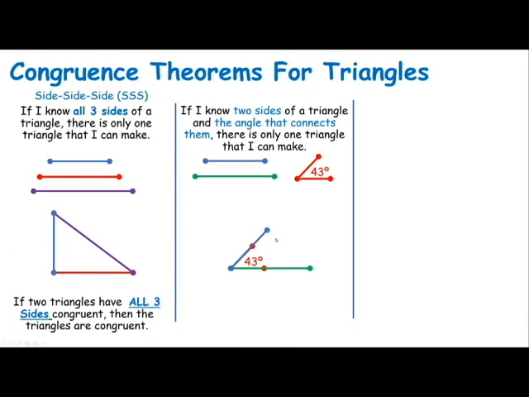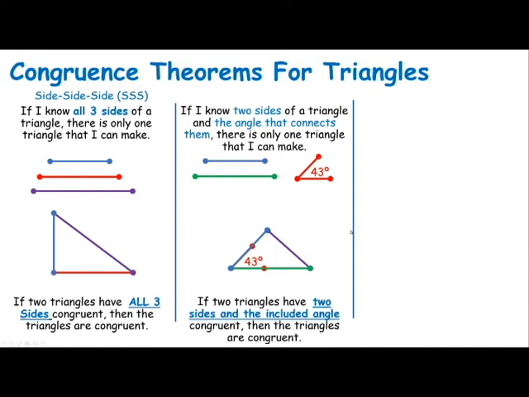If it's longer than that, it's going to stretch beyond the end and it won't be a triangle anymore. The fact that this angle is fixed or cannot change means that there's only one specific side length that will make this into a triangle. And in fact, I can illustrate that by putting a purple side in here. If this purple side is any longer, it's not going to be a triangle anymore. If it's shorter, it's not going to be a triangle anymore. I can't change the angle because the angle is fixed.